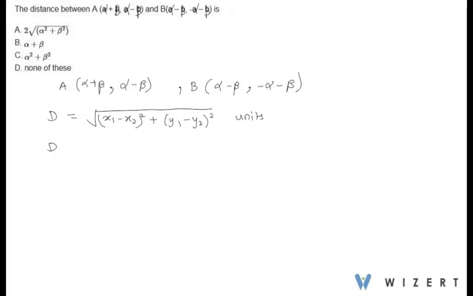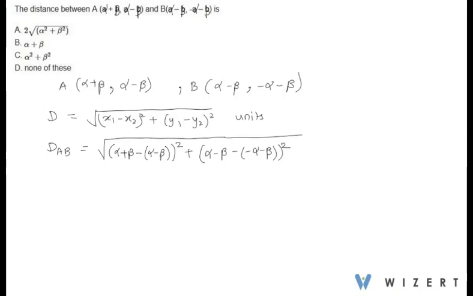So the distance between AB will be under root of, here x1 is alpha plus beta, so alpha plus beta, and x2 is minus alpha minus beta, whole square, plus y1 is alpha minus beta and y2 is minus of minus alpha minus beta, whole square.